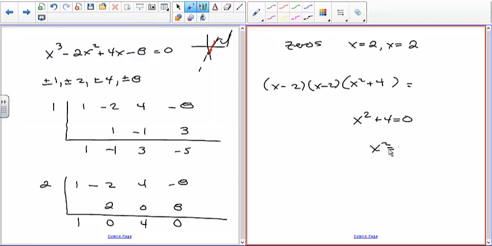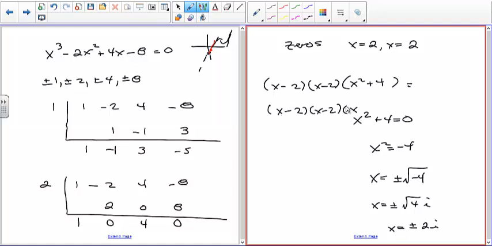Subtract 4 from both sides. Take the square root, you get plus or minus the square root of -4. So you can take the negative out, plus or minus the square root of 4 times i, and you get plus or minus 2i. So our 2 zeros are x equals +2i and x equals -2i.